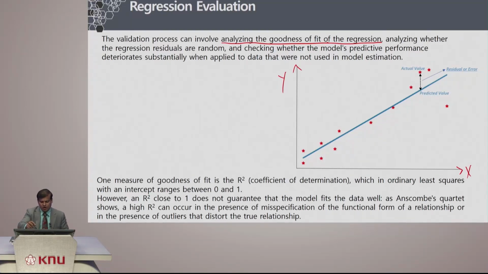So you can see in this case all the red points that we see here are the actual values, or in other words the observed values, and this line that we have drawn gives the predicted values. So we do see a difference between the actual value and the predicted value. This difference we call the residual or the error. This is only one line that I have drawn.